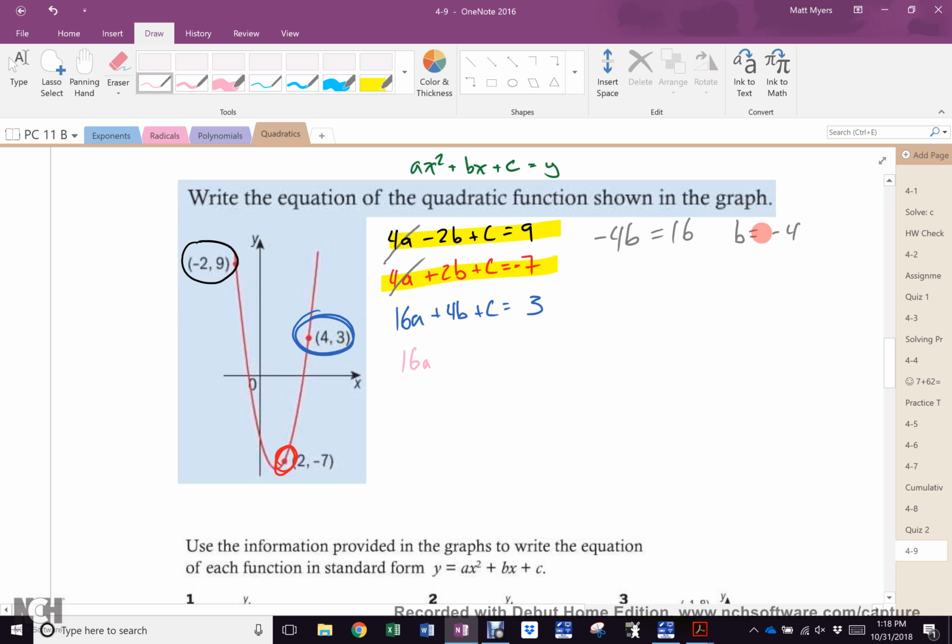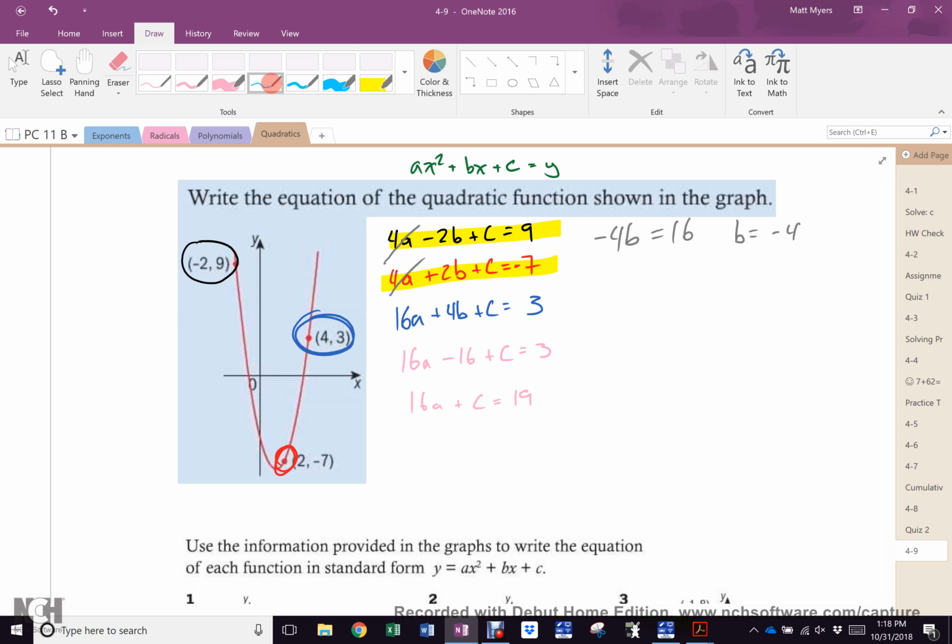Because b is negative 4. Negative 16. Negative 16 plus c would equal 3, right? Now I would tidy that up to get 16a plus c equals 19, right? Everyone cool with that? Okay.